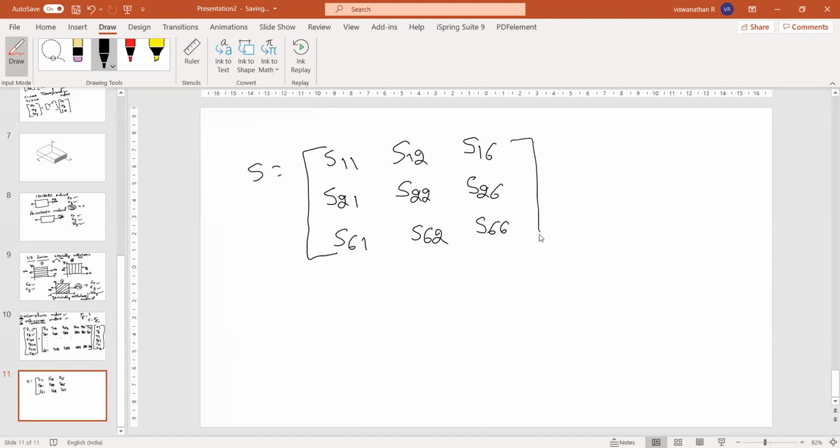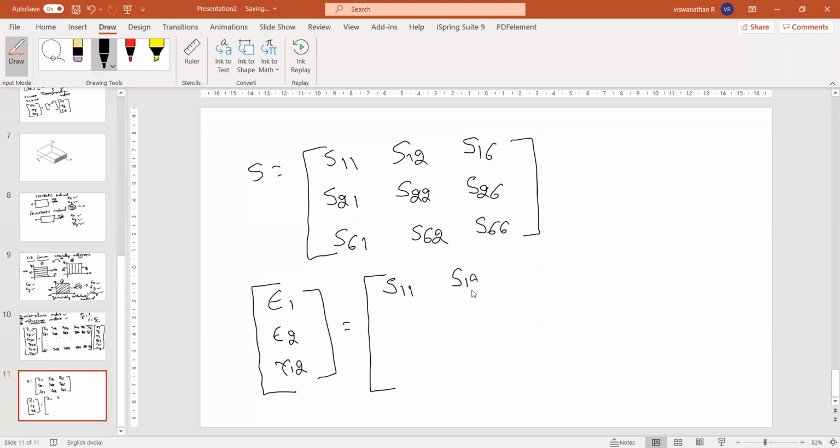Now if I have to write the strain-stress relations, it will be epsilon 1, epsilon 2, gamma 12 equal to S11, S12, S16.